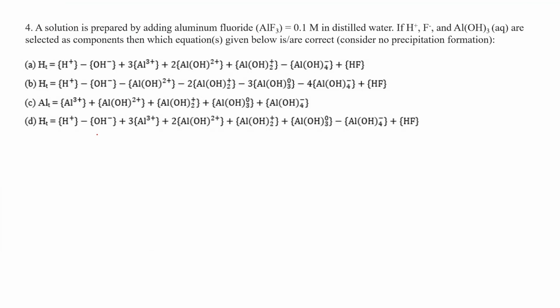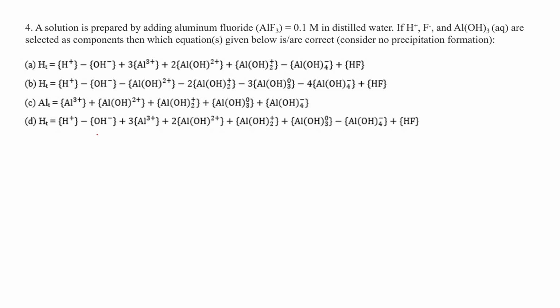Next is, a solution is prepared by adding aluminium fluoride, 0.1 molar, in distilled water. If H plus, F minus and AlOH whole 3 aqueous are selected as components, then which equation given below is correct? Consider no precipitation formation.